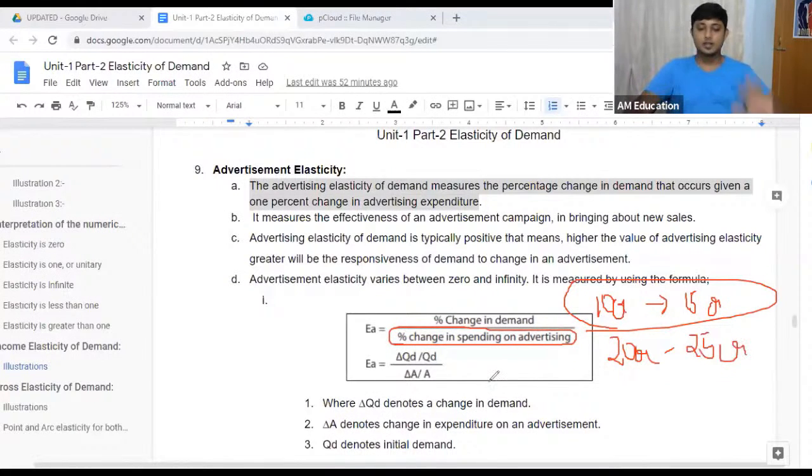What is the denominator? Fast. How much is the percentage change in spending on advertising? Fast for the second thing. What's the answer? What is the denominator if this is the case?